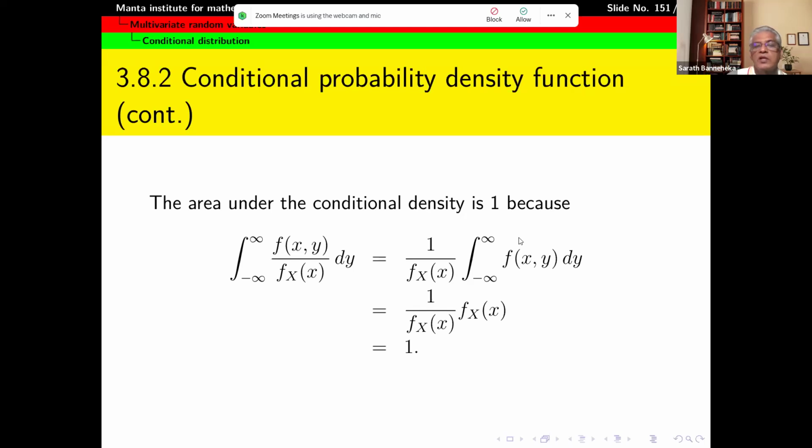We know that is actually the marginal distribution of x evaluated at simple x. Here I have forgotten to write down capital X, capital Y subscript, but it's obvious, I think it's clear. So this will be the marginal f_X(x), so this will cancel out, therefore we'll get 1.